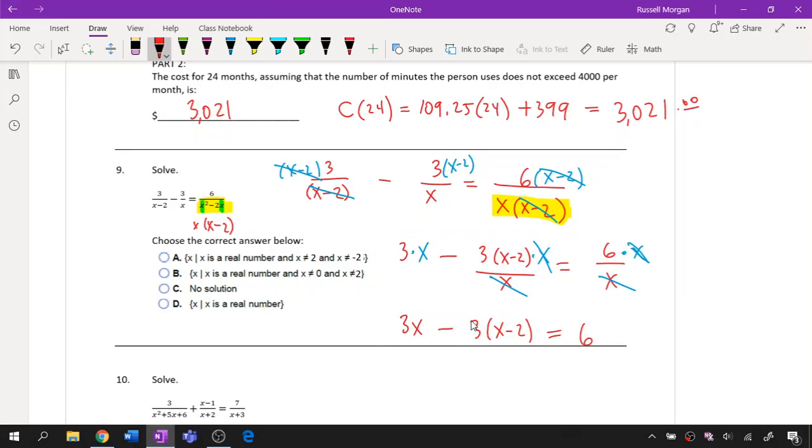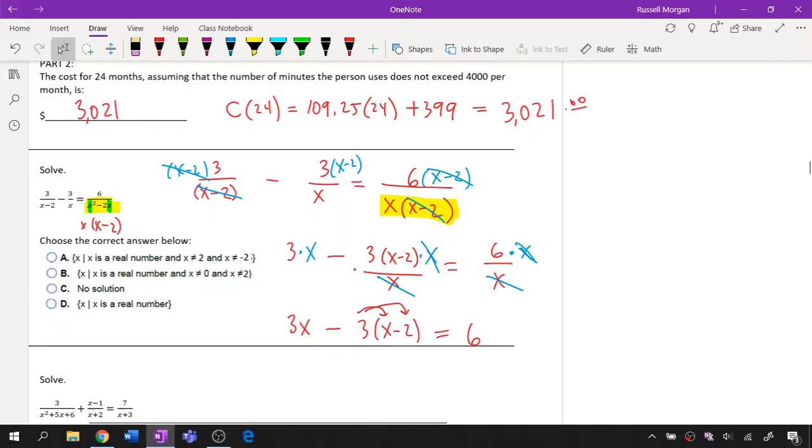Next thing I noticed is I need to distribute. I should distribute that and distribute that. Problem with this one, watch out when you distribute, is I spaced it out, but this is really a minus 3 times all that. So when I distribute, that minus goes with the 3 into there. So first off, I got 3x at the beginning, right? Let me deal with that, 3x.